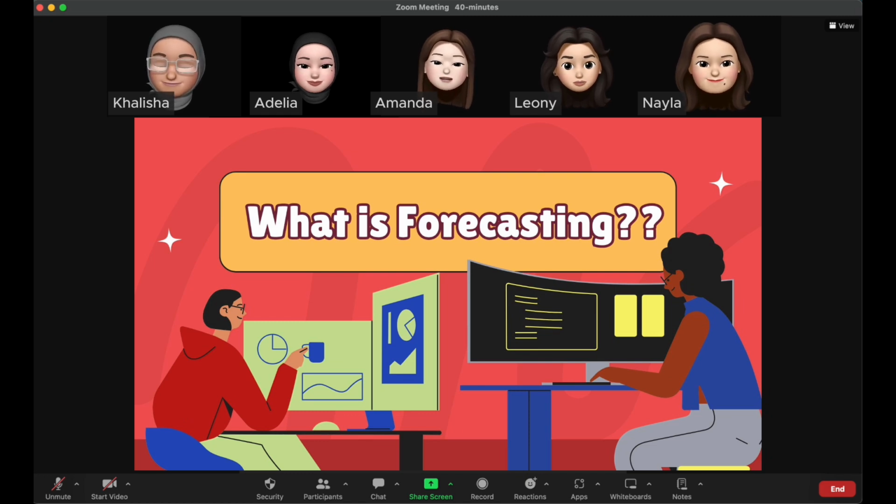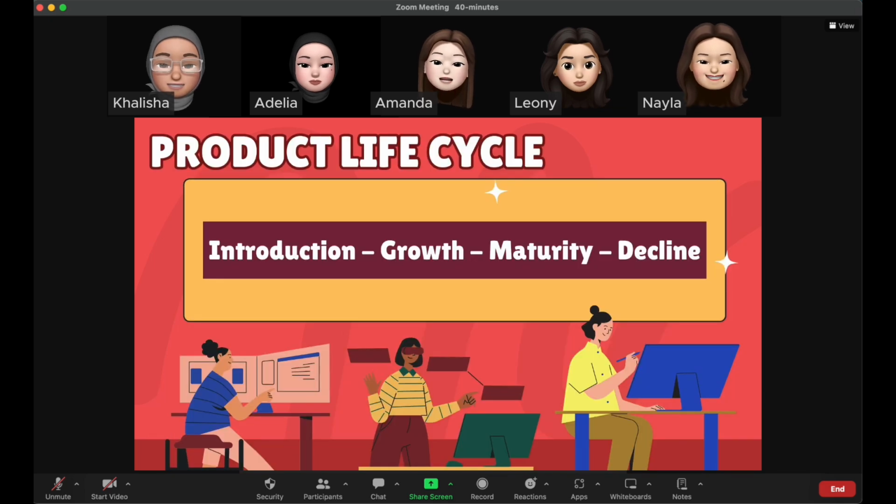Yeah, spot on. So before we move on, I'd like to talk about the product life cycle. Can anyone tell me what the product life cycle means? There are basically four stages of the product life cycle. The first is introduction. This is the stage where the product has just entered the market, and the focus is on building product awareness. Second is growth.